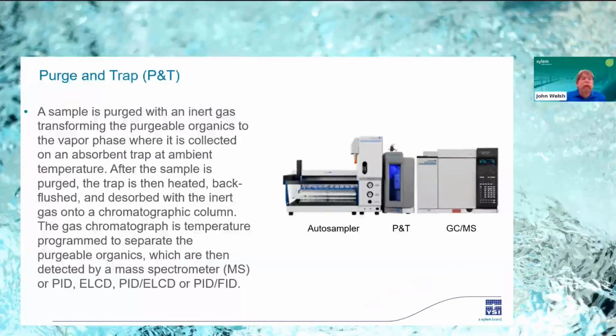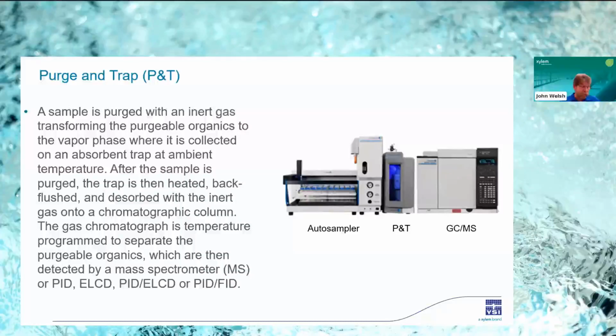So, in a purge and trap, a sample is purged with an inert gas, transforming the purgeable organics to the vapor phase, where it is then collected on an absorbent trap at ambient temperature. After that sample is purged, the trap is then heated, backflushed, and the compounds of interest are desorbed with an inert gas, in this case nitrogen, onto a chromatographic column.